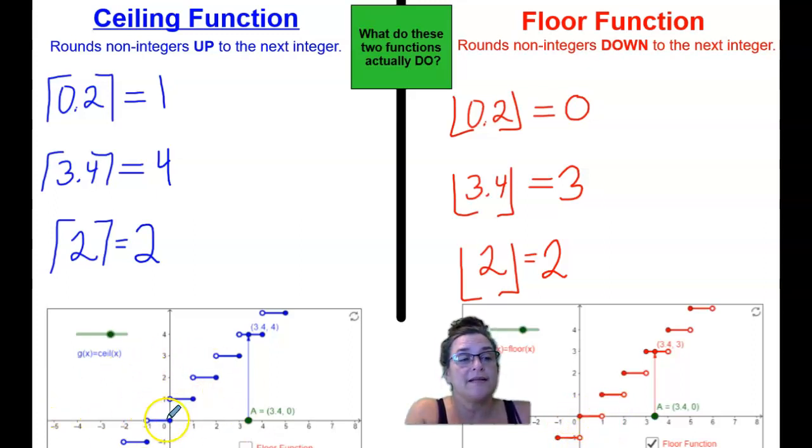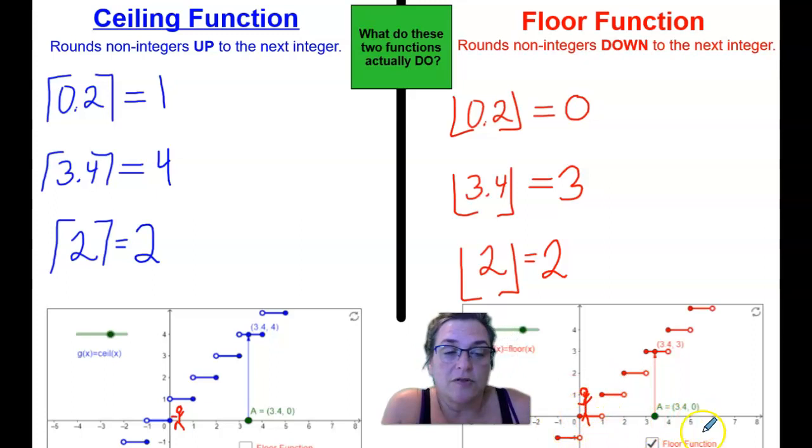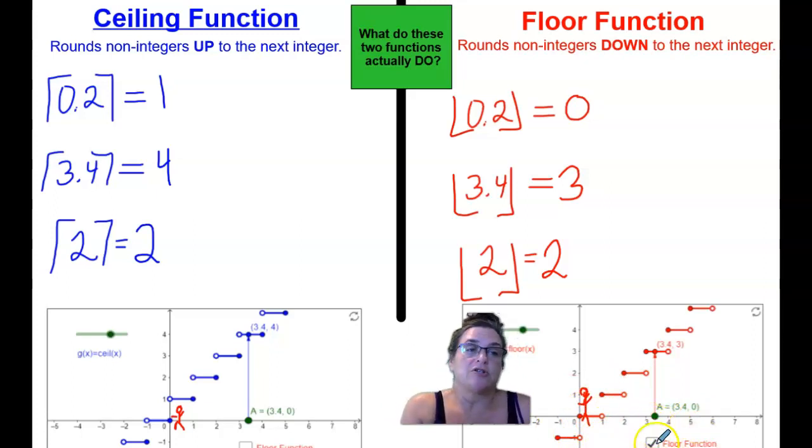When you look at the ceiling function, if you imagine a little person standing here along the x-axis, see how the first bar there is a ceiling over his head, like a roof over his head, versus the person who's standing here along this section of the positive x-axis, he's standing on a floor. So that's a quick way you can recognize which graph is which if you forget the direction of those closed and open circles, as a strategy to remember.